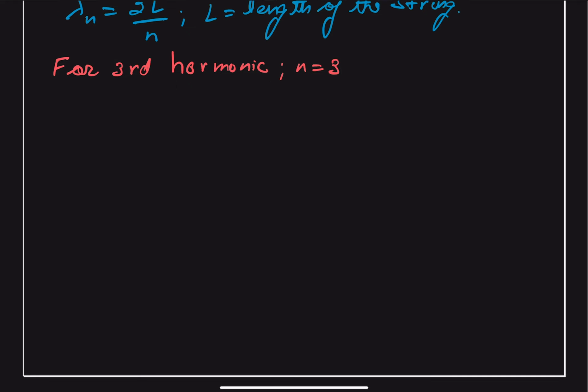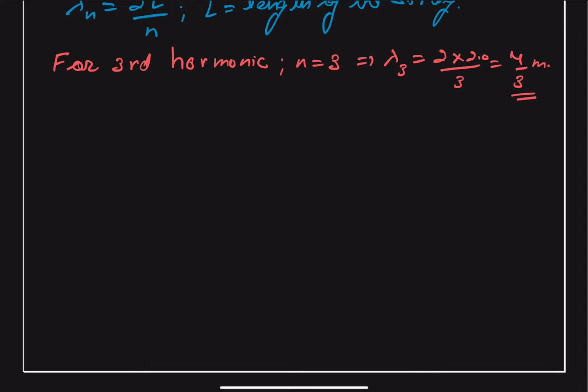Therefore, we can write that our lambda 3 is equal to 2 multiplied by the length, length is given as 2.0, and divided by 3. And this comes as 4/3 meters. So we found out the wavelength at the third harmonic.